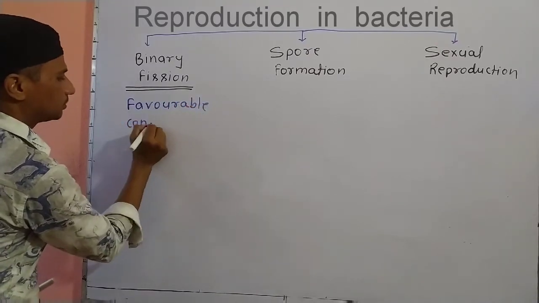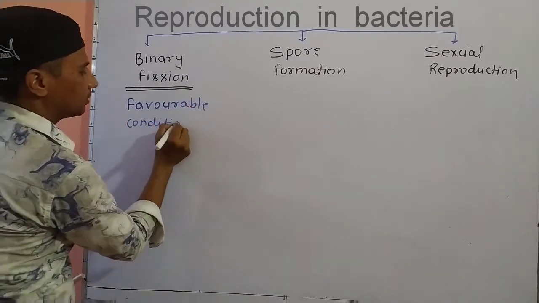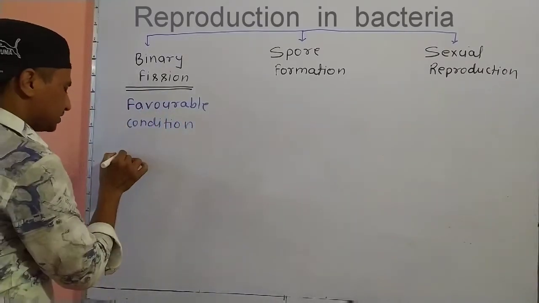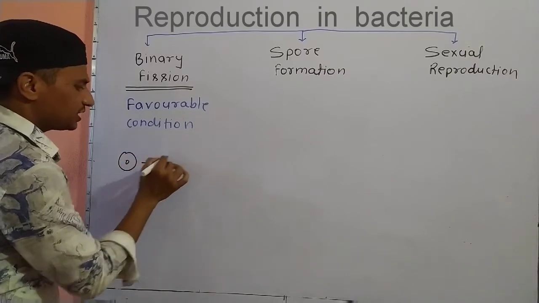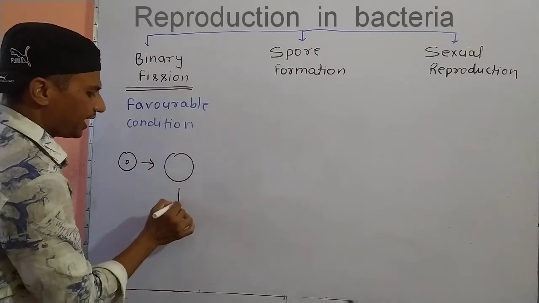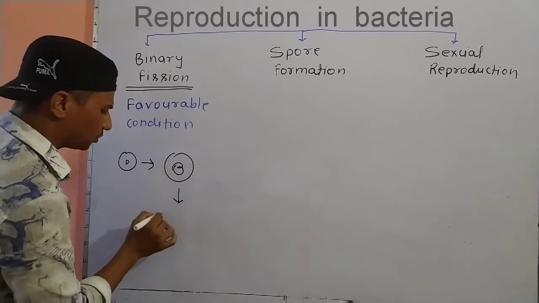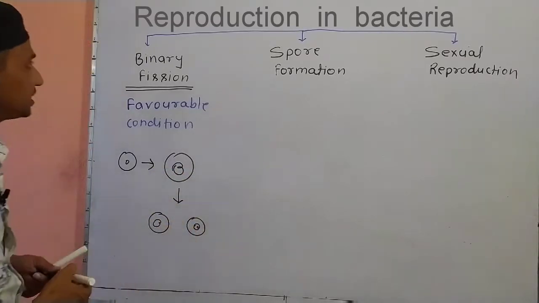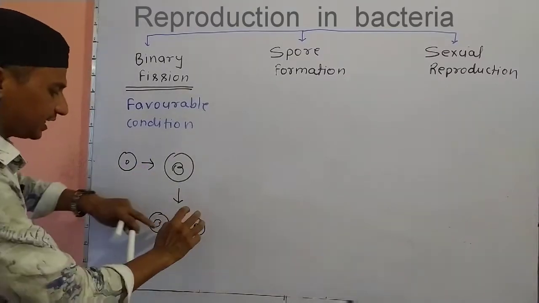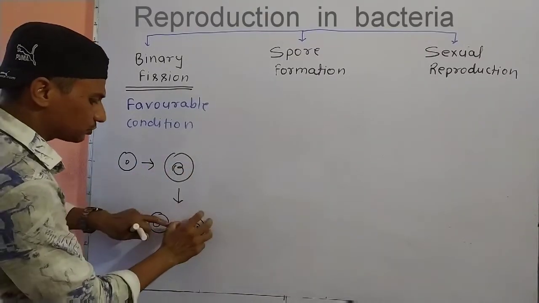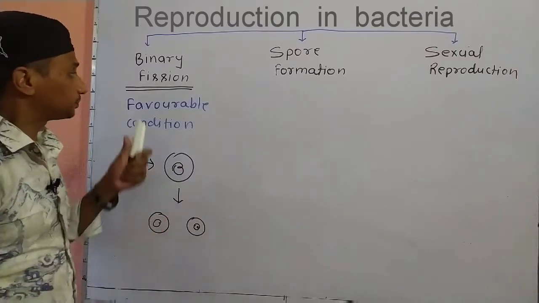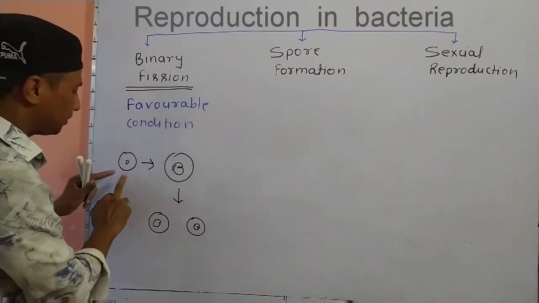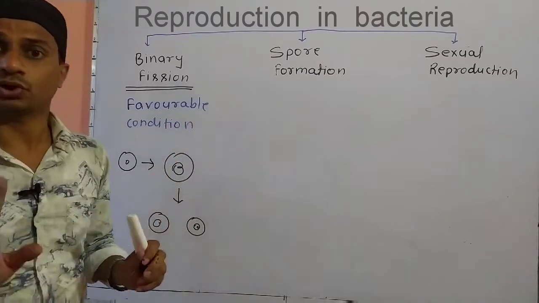If favorable condition is present, this is your bacterial cell which initially grows and divides into two daughter cells. Thus it is called binary fission. That is, it divides into two daughter cells. This is the way which occurs in favorable condition, and one cell converts into two daughter cells.